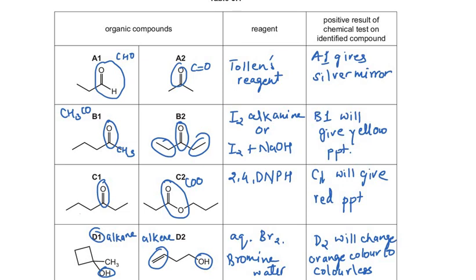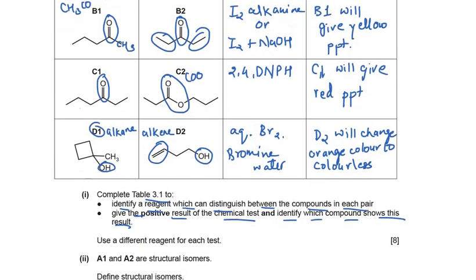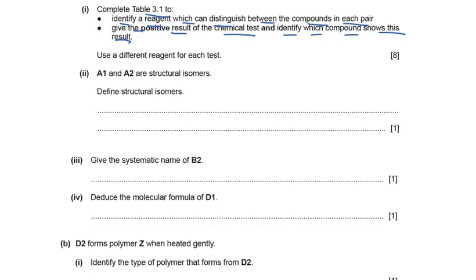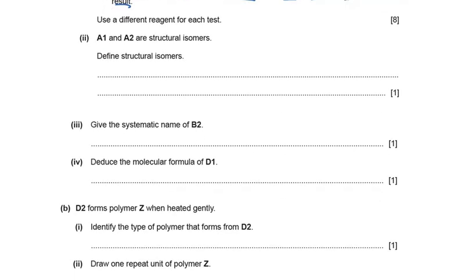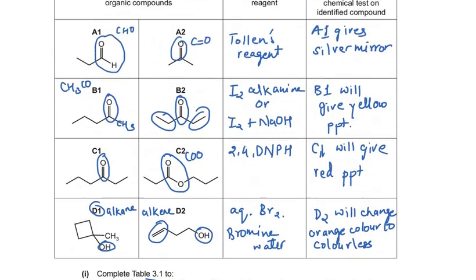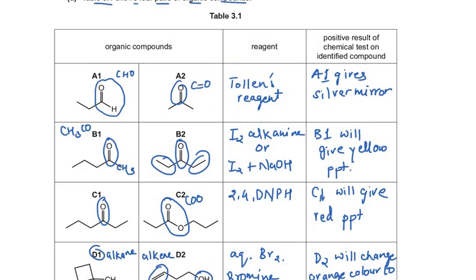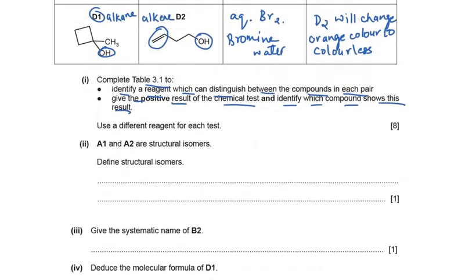That is the test given by D2 because of the presence of an alkene group. Now let's see the next part of the question. It says A1 and A2 are structural isomers. Define structural isomers. Yes, A1 and A2 are structural isomers because they have the same molecular formula.